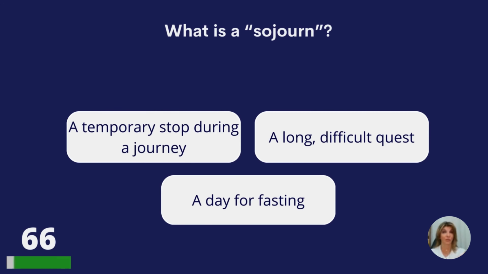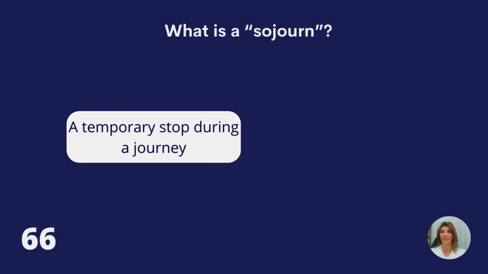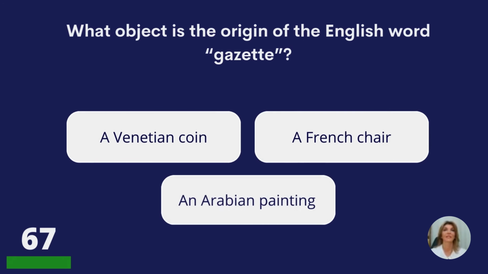What is a sojourn? A temporary stop during a journey, a long, difficult quest, or a day for fasting? A temporary stop during a journey. What object is the origin of the English word gazette?